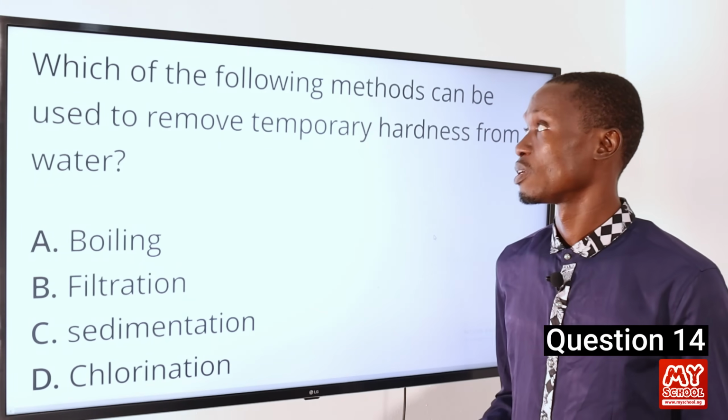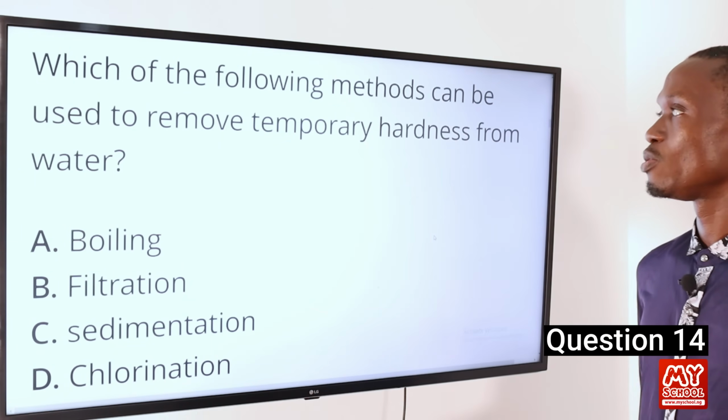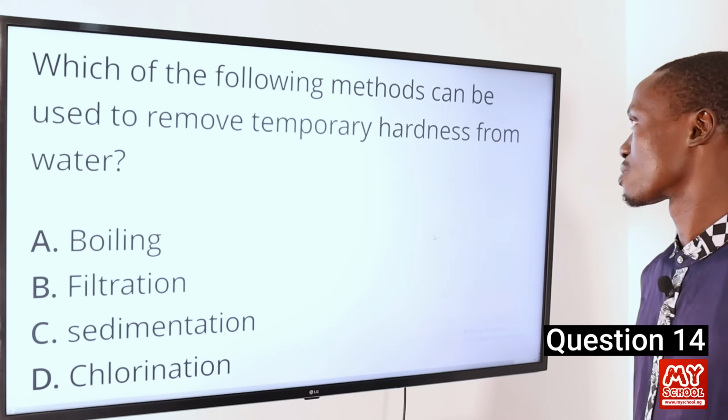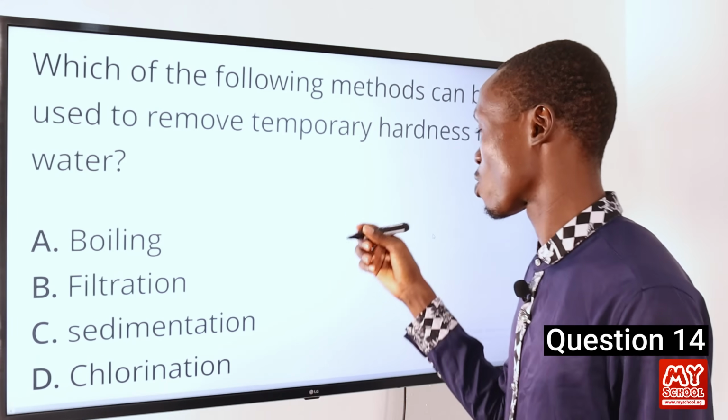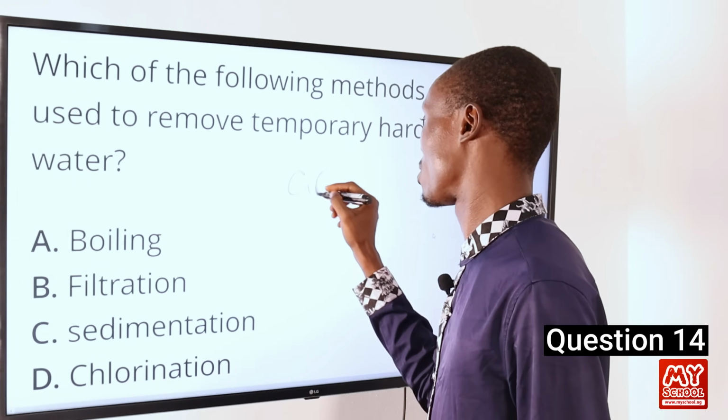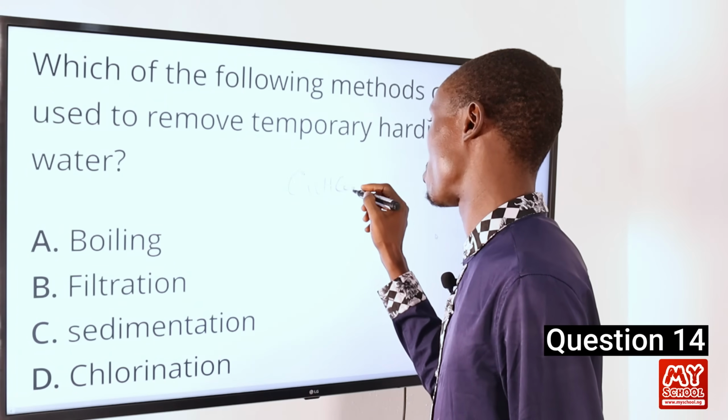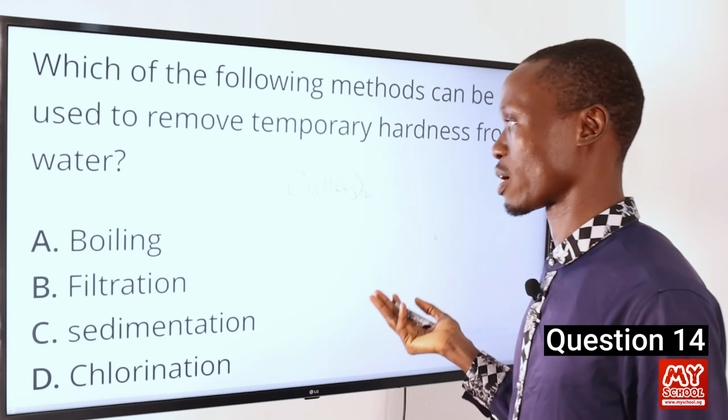Question 14. Which of the following methods can be used to remove temporary hardness from water? We know that temporary hardness is caused by the presence of calcium hydrogen carbonate in water.